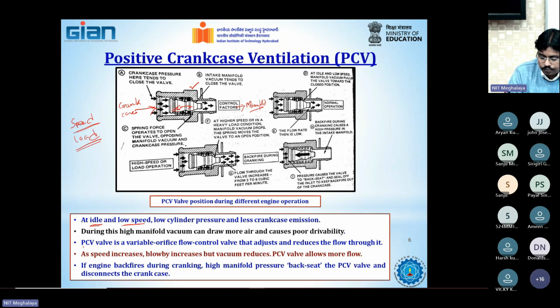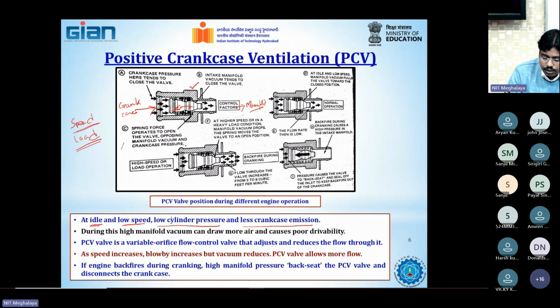Now at idle condition or warm up at low speed, you have low cylinder pressure inside the combustion chamber, and because of this, the blow-by which comes to the crankcase will be slightly lesser, because of the low cylinder pressure.